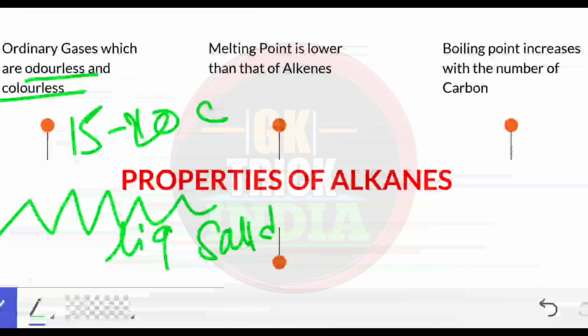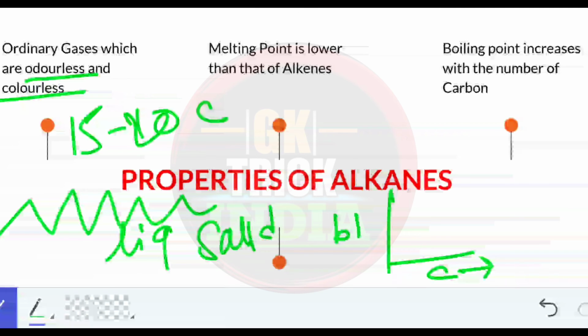Talking about the boiling point, boiling point is the temperature at which a liquid boils. The boiling point of alkenes increases, right? If you draw a graph representing the boiling point against the number of carbon atoms, it is often seen that the boiling point increases with an increase in carbon atoms.